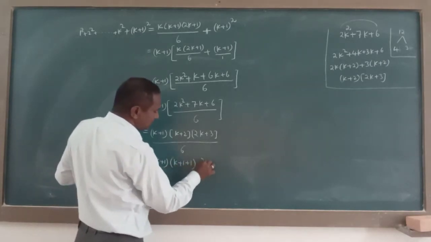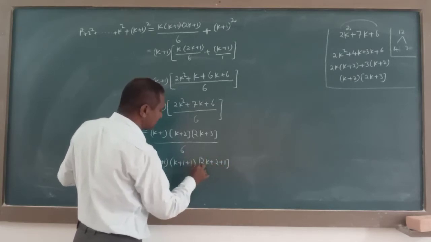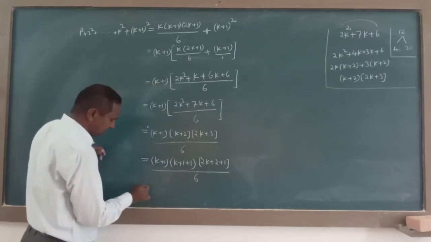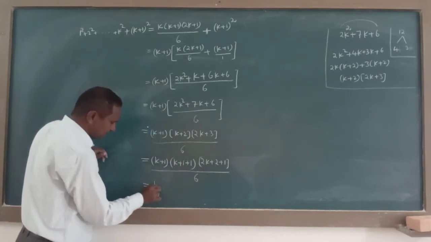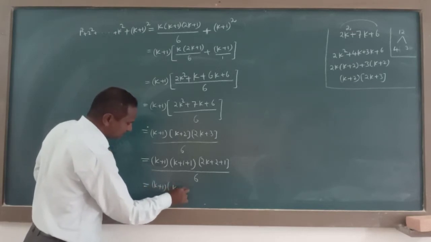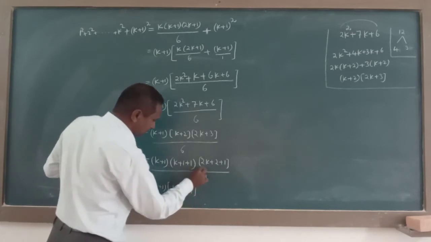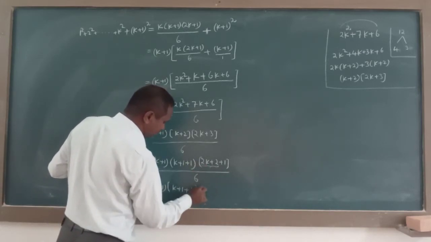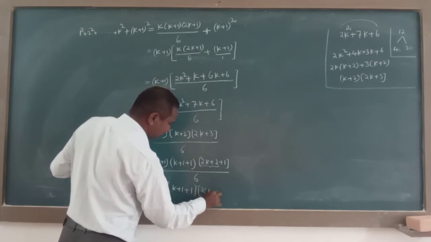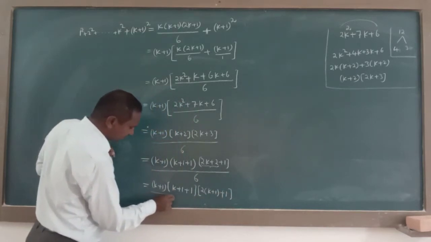Now 2k plus 3 can be written as 2 of k plus 1 plus 1, whole divided by 6, is equal to k plus 1 into k plus 1 plus 1 into, taking 2 common from these two, we get 2 of k plus 1 plus 1, whole divided by 6.